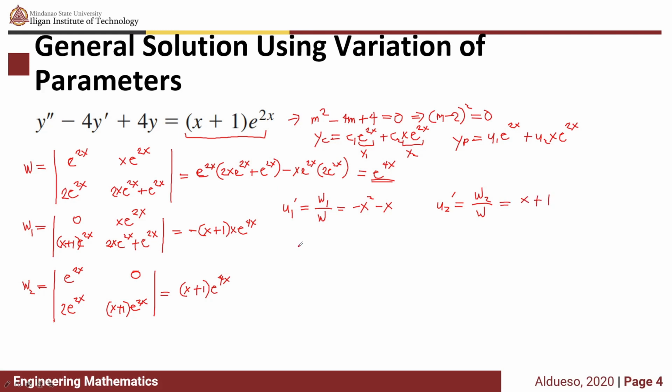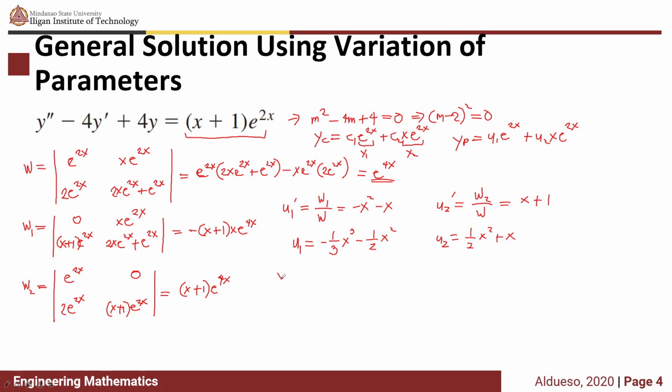Now integrating the two equations, u1 prime and u2 prime, our u1 is the integral of this equation, negative 1/3 x cubed minus 1/2 x squared. Then u2 is equivalent to 1/2 x squared plus x.